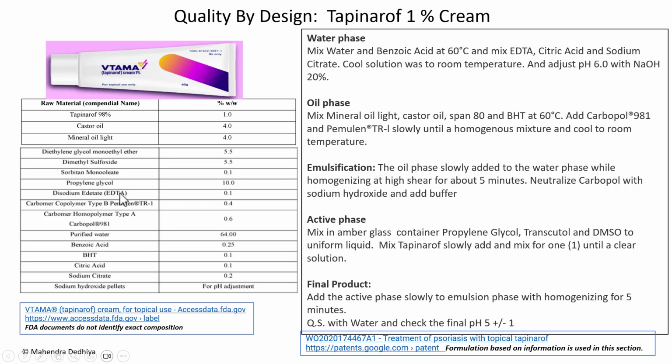Carbopol 981 is added to the oil phase and it's mixed until it's homogeneous. Emulsification, oil phase is slowly added to the water phase and high shear homogenizer is used. Active phase, the active drug is dissolved in polyethylene glycol and transcutol. Drug is then added slowly into the emulsion and homogenized. This procedure here is written in a laboratory mode.